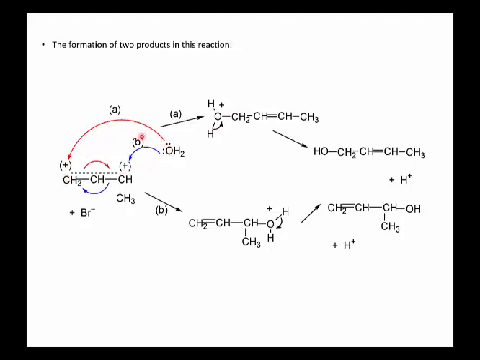Of course, when it does that, the pi electrons in this bond here are going to be pushed away, so the double bond ends up between these 2 carbons, and you get this species here. All right, as we saw before, from the water part, it's going to eject a hydrogen ion, shown by the curved arrow, and boom, we've got this alcohol product.